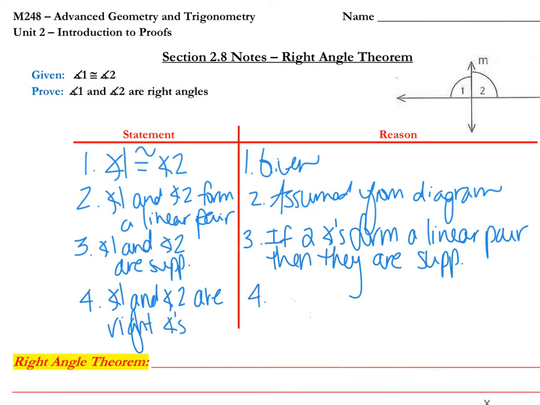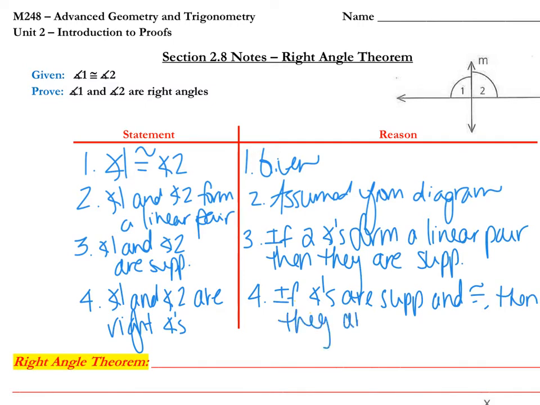Okay? And we would say, because if angles are supplementary and congruent, then they are right angles. Think about why that's true. So if you have 180 degrees and both angles are congruent, the only way that's possible is if they're both 90 degrees, which would be a right angle.